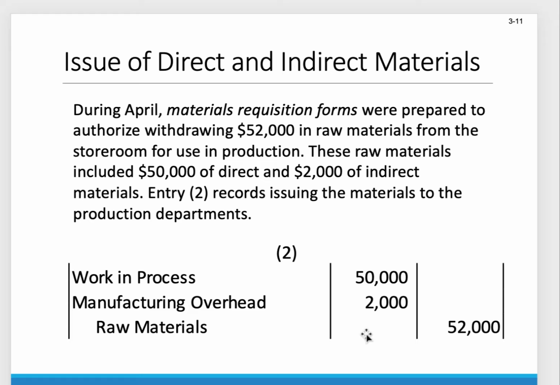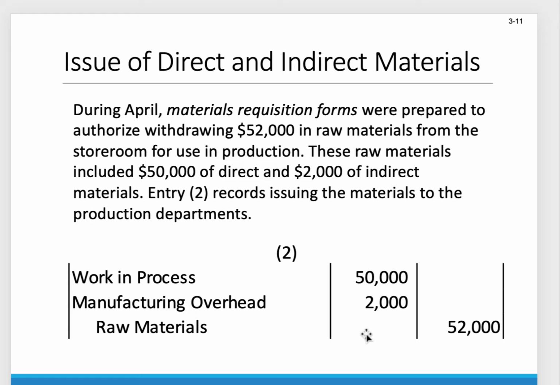Now work in process, and this is key. This is clutch right here. Got to remember this. Got to know this. Direct materials always flow directly to work in process. So that's leaving the storeroom, going to the production department, physically. Envision the production department as the WIP, work in process inventory account.